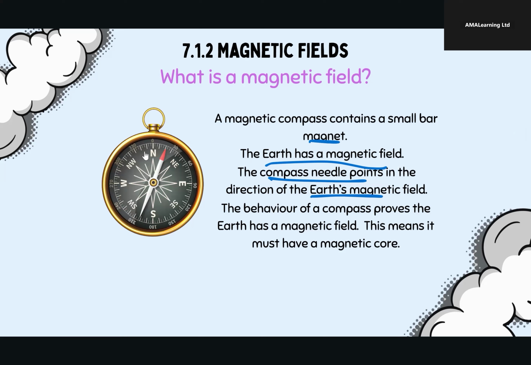So when you're using a compass, it has a small bar magnet. Now, that bar magnet will be affected by a magnetic field.